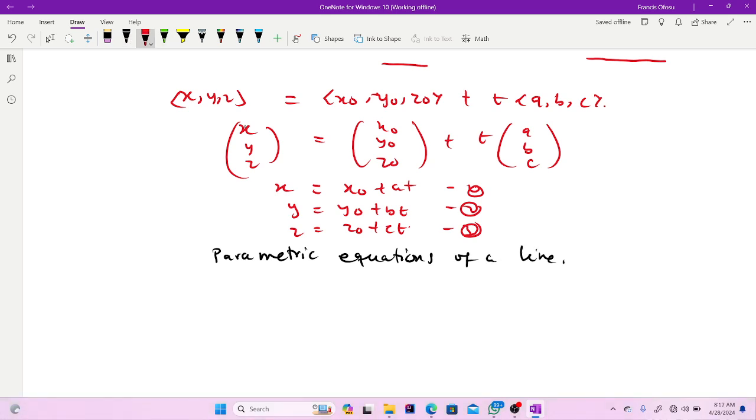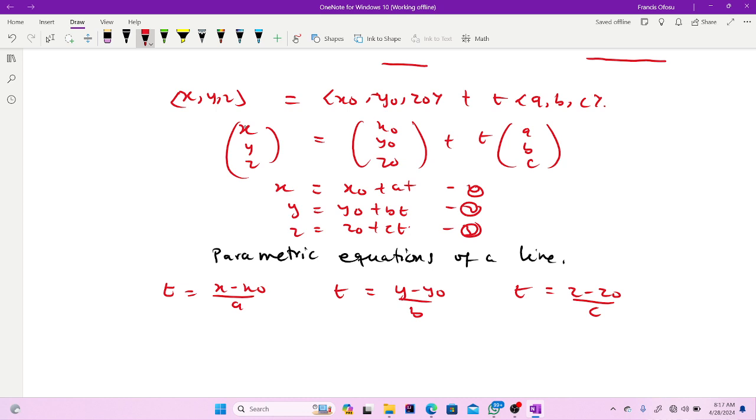So now, in an attempt to reduce the dependency of the equation on t, which is an unknown, how do we do it? You need to make t the subject in each of the equations. So I'll have t in the first equation to be x minus x naught over a, t in the second to be y minus y naught over b, then t in the third to be z minus z naught over c.